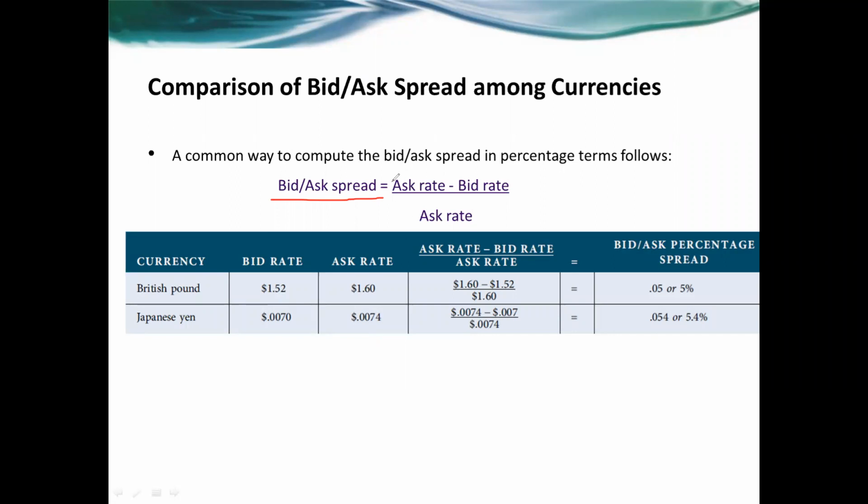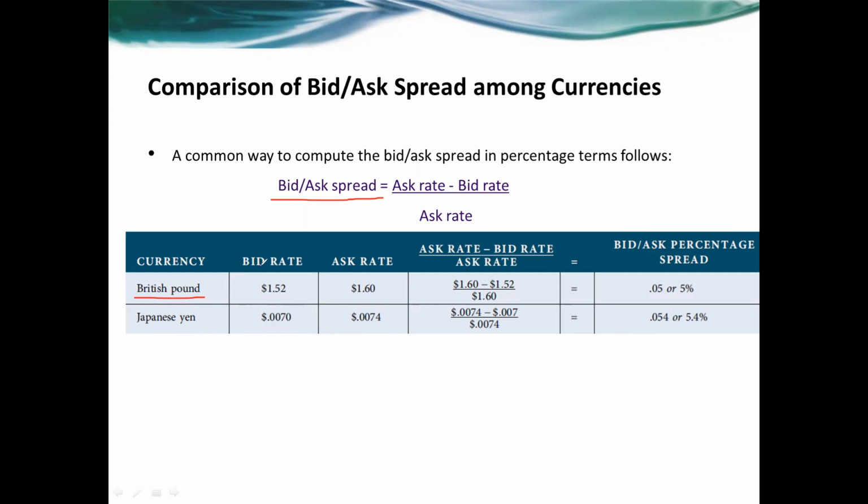The calculation formula is you have to deduct the bid rate from the ask rate, and divide that difference by the ask rate. That means the formula is ask rate minus bid rate, divided by ask rate. For example, 2 examples are given. The first one is the British pound with the US dollar. Per British pound, we are receiving 1.52 US dollars.